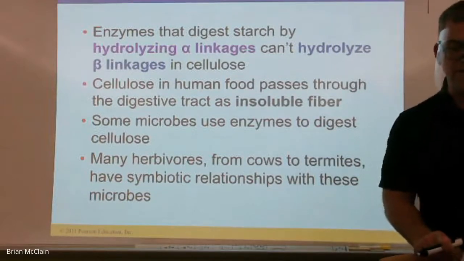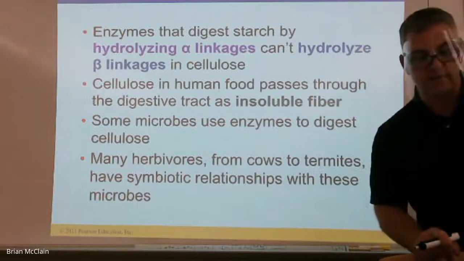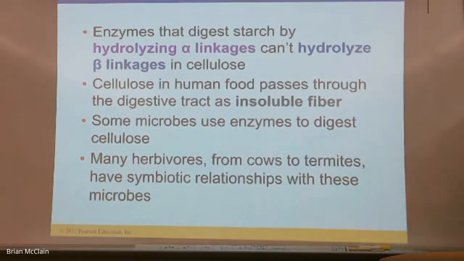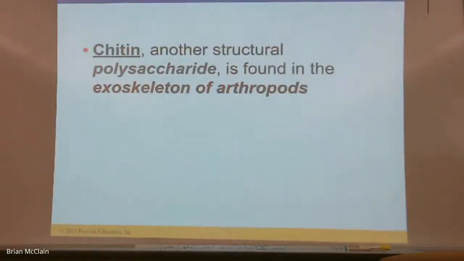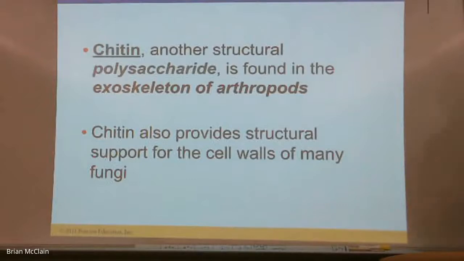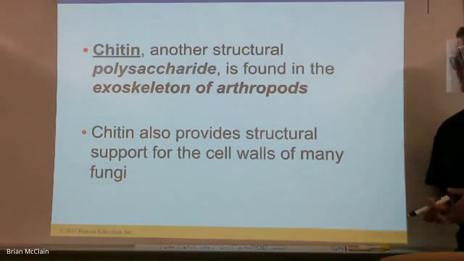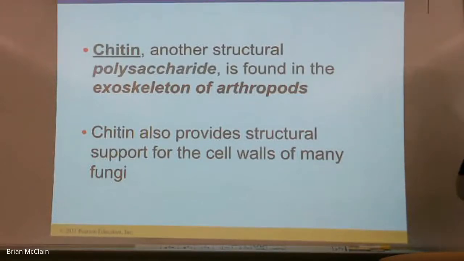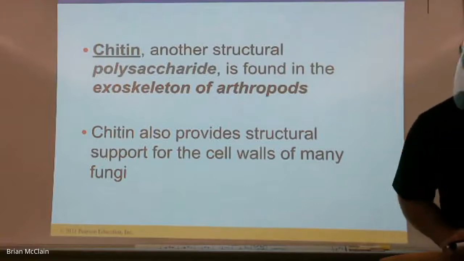All right, and that brings us to our last component of the carbohydrates, and that would be something known as chitin. And this one is going to give us a pretty significant rigid structure for support when we take a look at some of the exoskeletons. And we also find it in the cell walls of different forms of life.